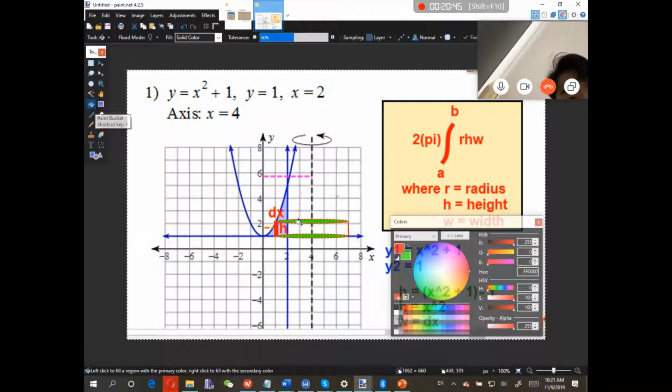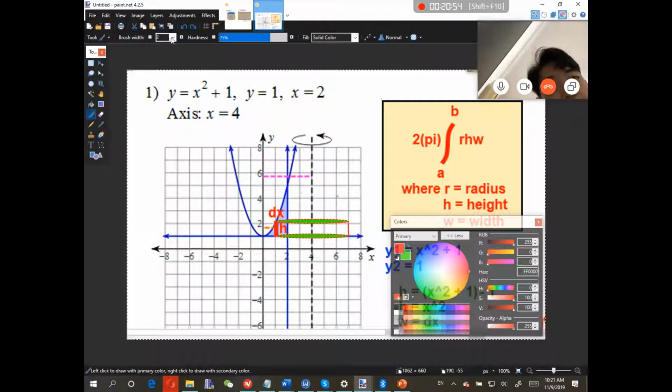And each one of those cylinders is going to have a height, a radius, and a width that we can use to get the volume of that shape. And if we stack all of those cylinders on top of each other, we'll get the total volume that happens when we spun all of those cylinders around the axis of rotation.